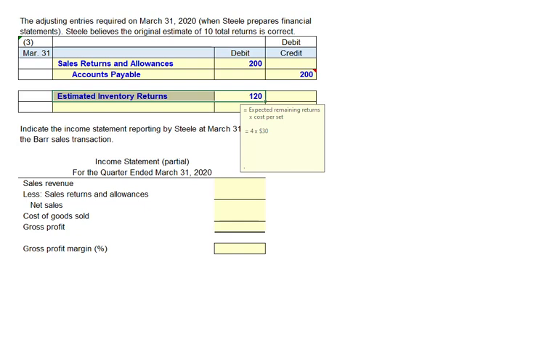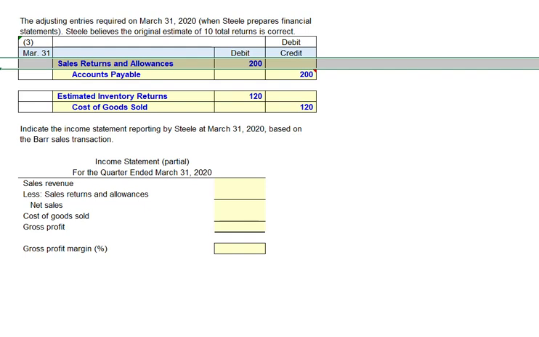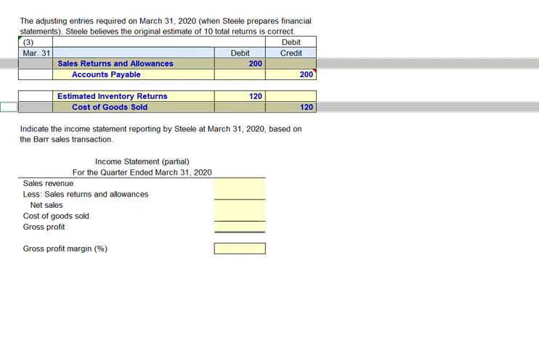But we debit estimated inventory returns for 120, and we will credit cost of goods sold for 120. So notice we have reduced sales by 200, and we have reduced the estimated related cost by 120.